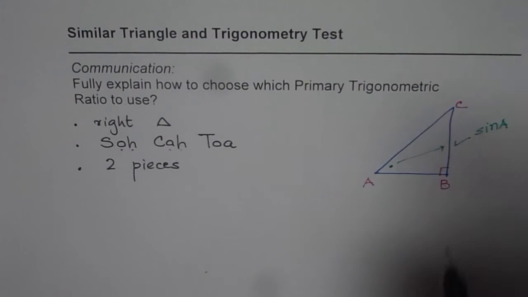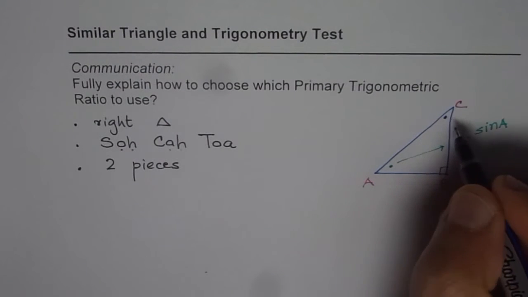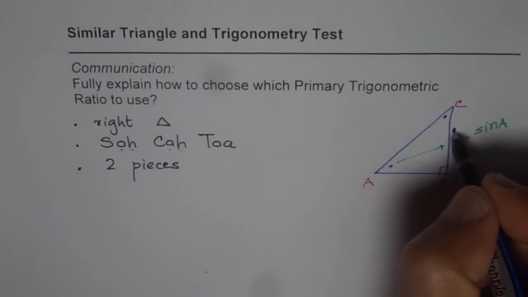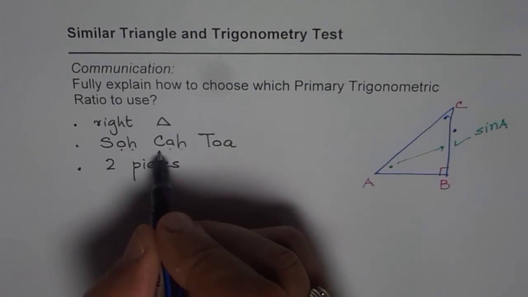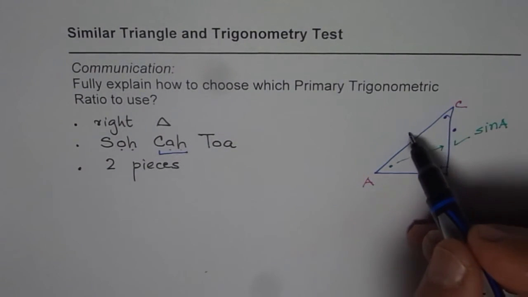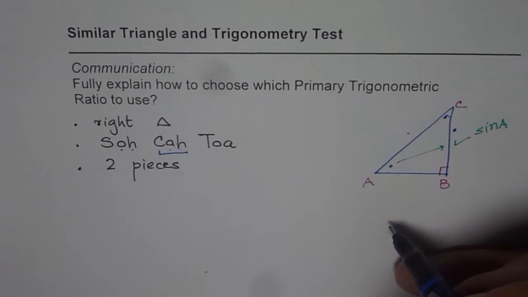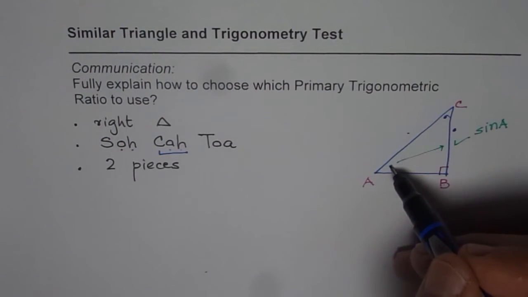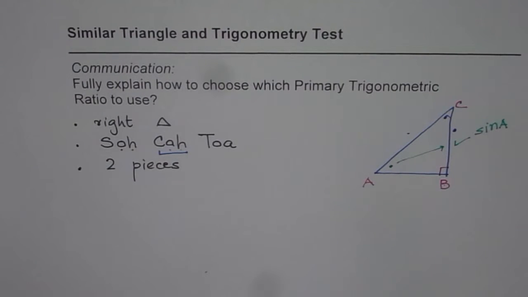In case we know the angle C and the side adjacent to it, we are talking about cosine. Do you see that? Cosine can give us the hypotenuse, and we already know this angle also, since the other angle will be 90 minus the given angle, correct?